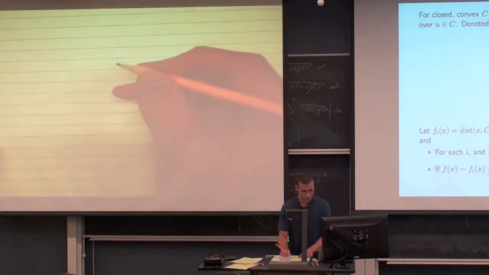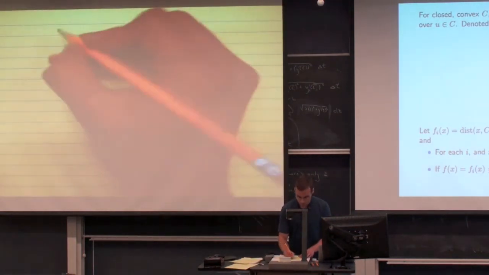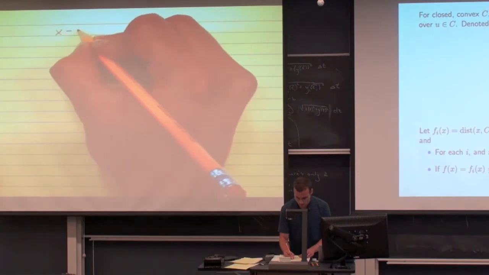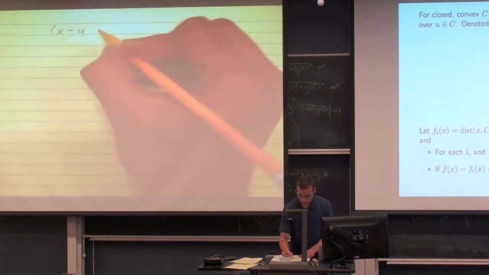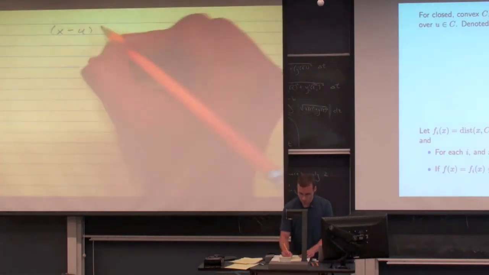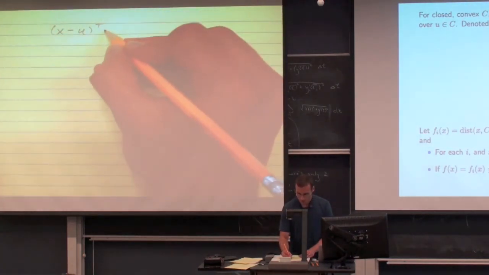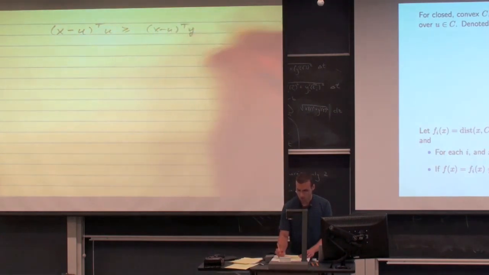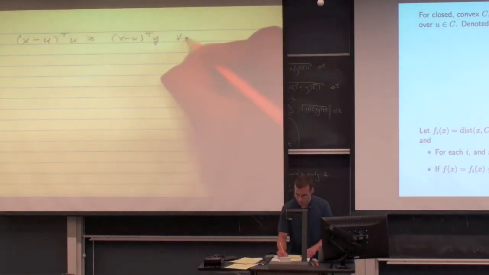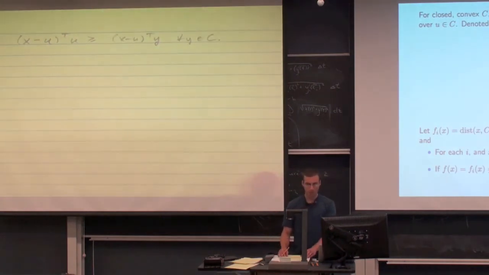It means that if I take x minus u and take the inner product of that with u, it has to be bigger than or equal to the inner product of x minus u with y for any y in C. That's what it means for this to be in the normal cone.